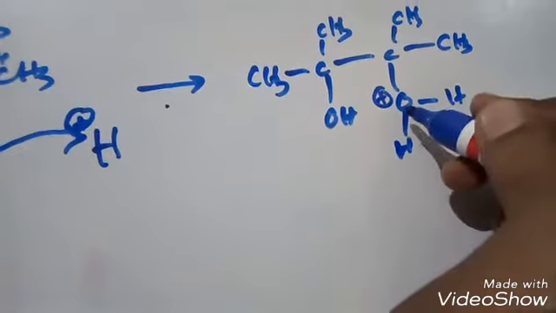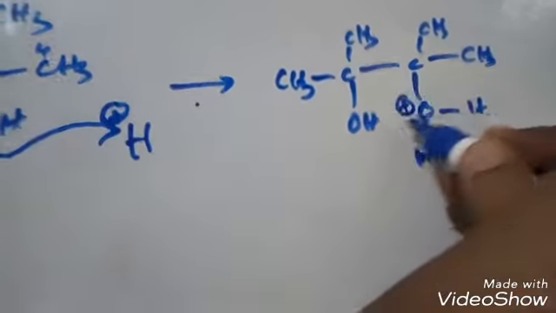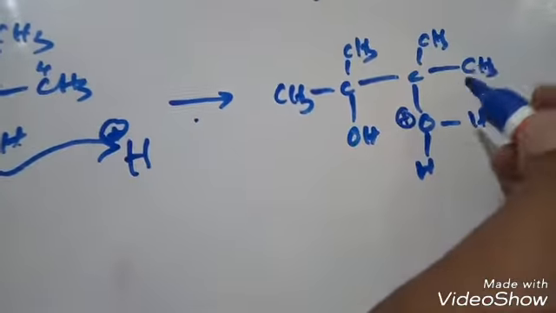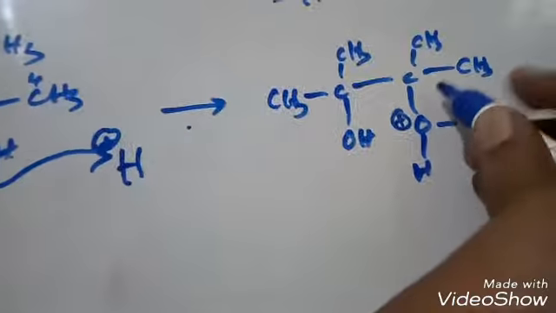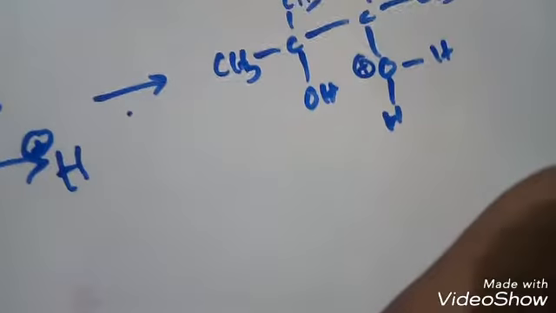Now this molecule is unstable, so this molecule tries to stabilize. How is it possible? It is possible by breaking a bond. Which bond will be broken?